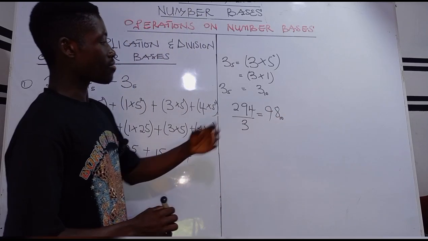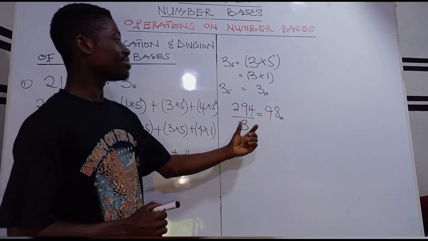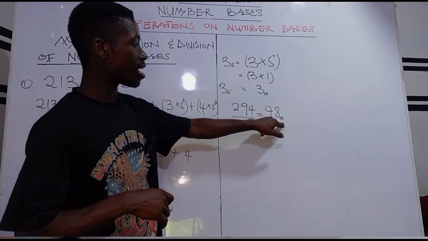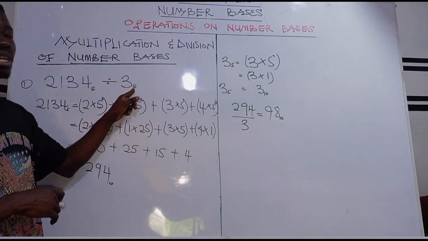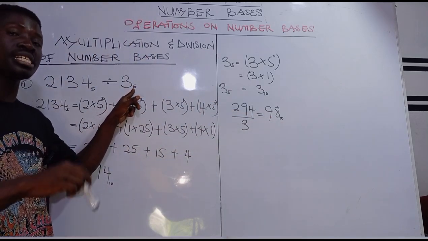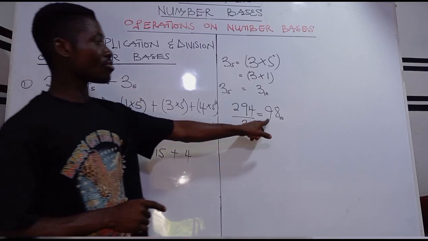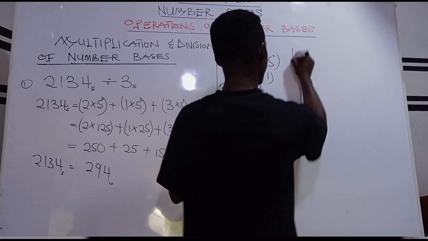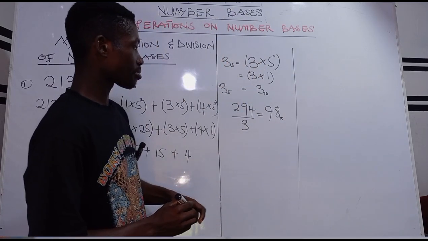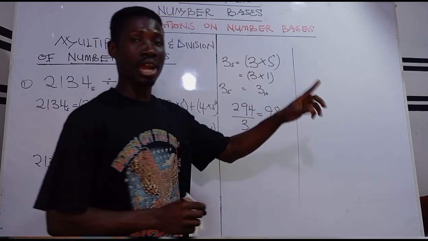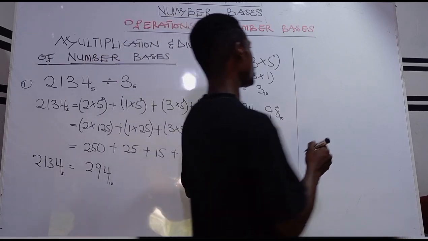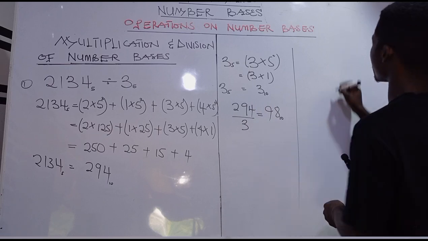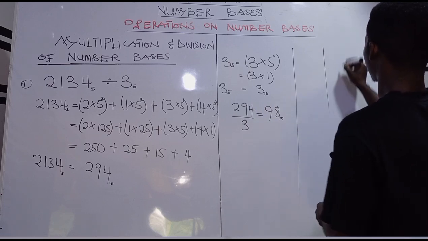Now after performing our division in base 10, we are going to convert this answer to a base 5 number because we have to do the calculation in base 5. Good. And we have already learned how to convert from base 10 to other bases, right? Good. So in converting from base 10 to base 5, we need how many columns? We need 3 columns.